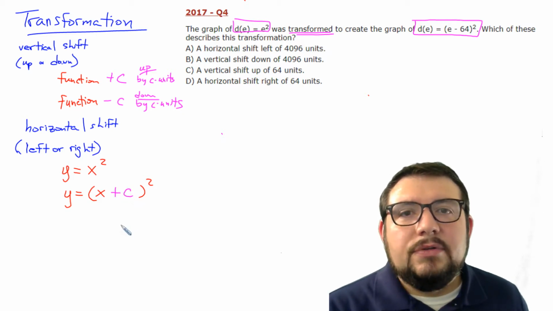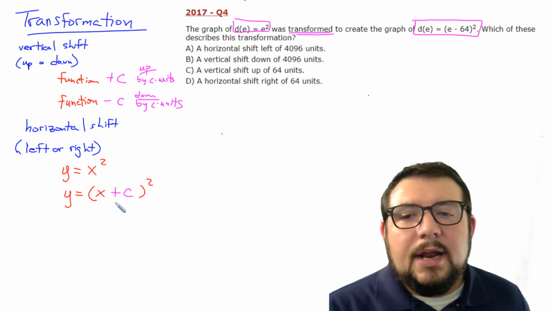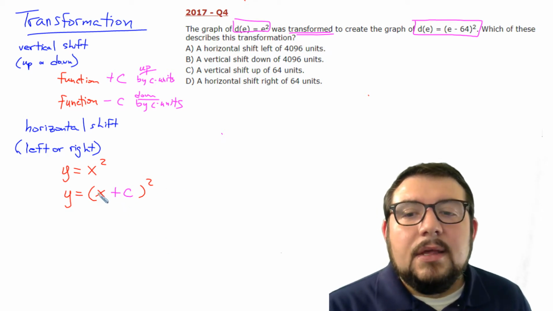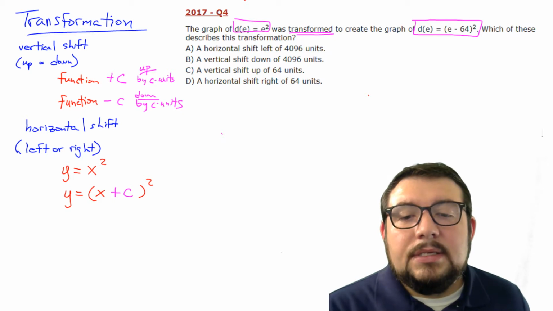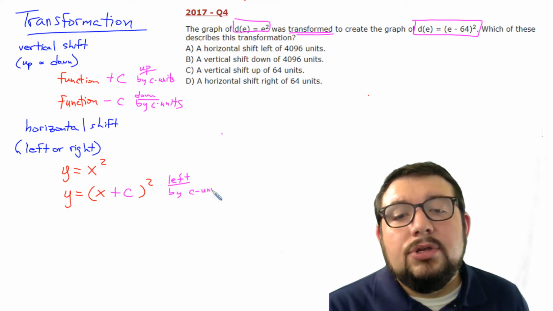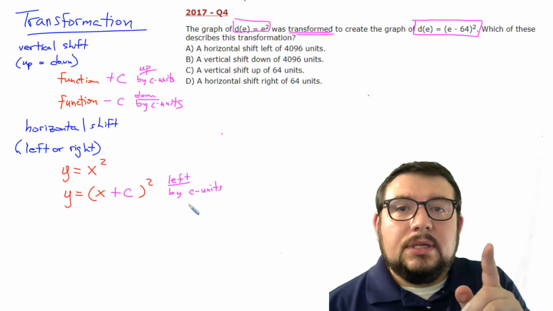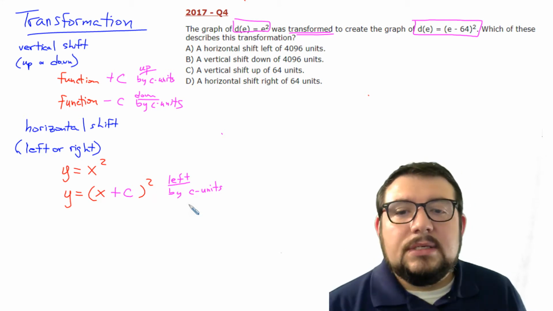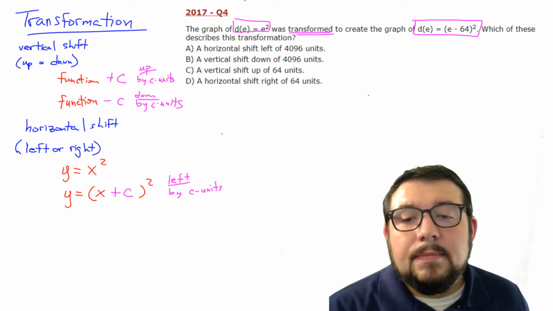That might seem counterintuitive because the negative is to the left, but actually this is how they work. You'll see it if you try graphing something, that if I put plus c, that's going to cause it to move to the left by c units. And again, a unit is just the little tick marks on a graph. So however many little boxes.